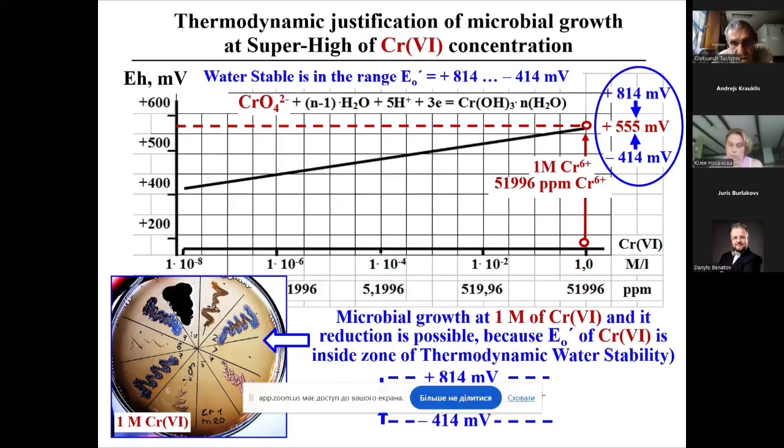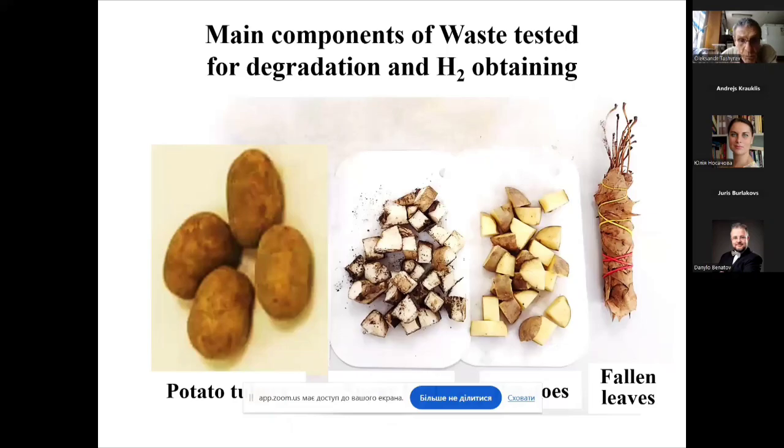If the redox potential of reactions is inside the zone of thermodynamic stability of water, from plus 814 millivolts to minus 415 millivolts, it is theoretically possible for microorganisms to grow. In the down left picture, one can see the confirmation of this theoretical position, the growth of Antarctic microorganisms at super high concentration of chromium 6 compounds.